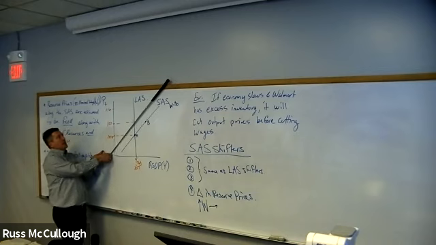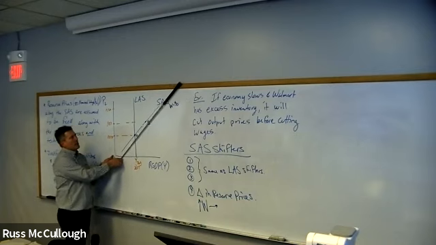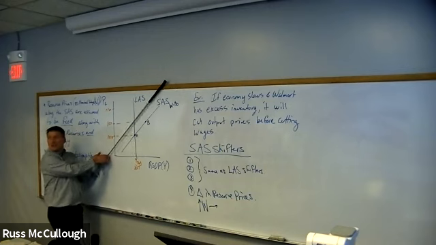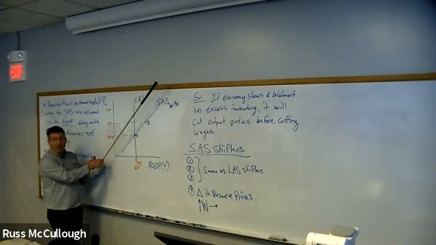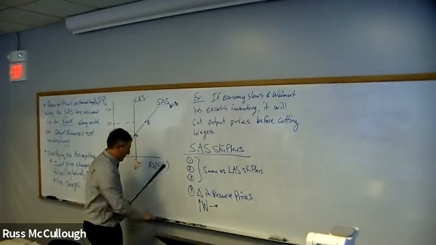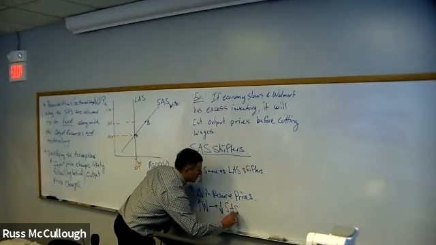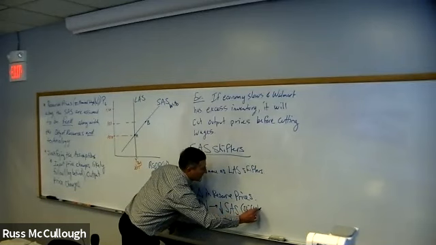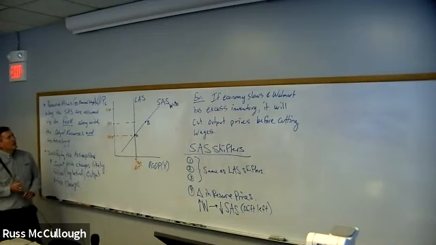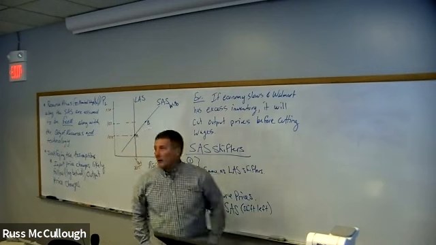Does that make this move this way or this way for the businesses paying those wages? At higher wages, are they able to supply more or less? Less, right? So at higher wages, we're going to have a shift to the left of the short-run aggregate supply curve. So a decrease in the short-run aggregate supply, a shift to the left. Okay.